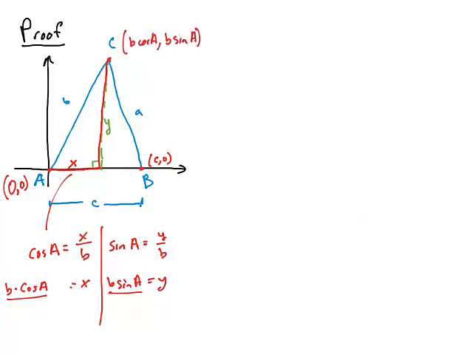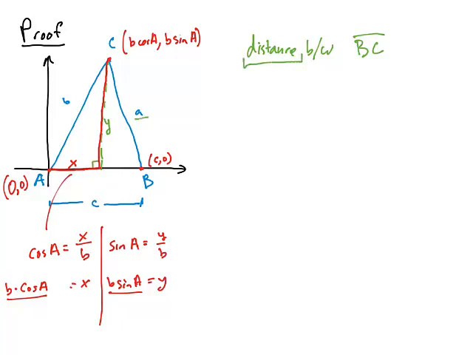Now we're going to find the distance between angle B and C. We'll just use the distance formula, and we're going to call that distance side a.